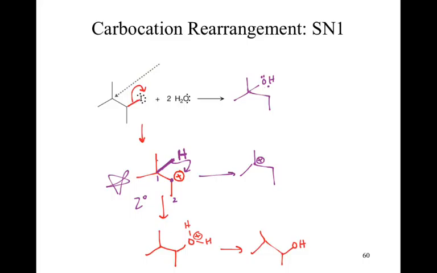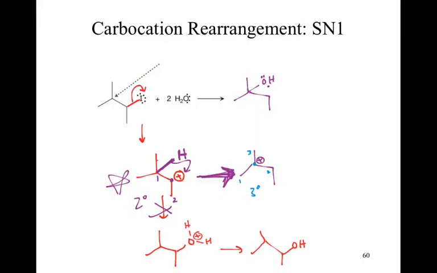If we evaluate where the carbon that has the carbocation is connected to 1, 2, 3 carbons, we have a tertiary carbocation versus secondary. That's more stable, which means my preferred mechanistic step is going to be to do the rearrangement and not do the nucleophilic substitution, at least immediately.